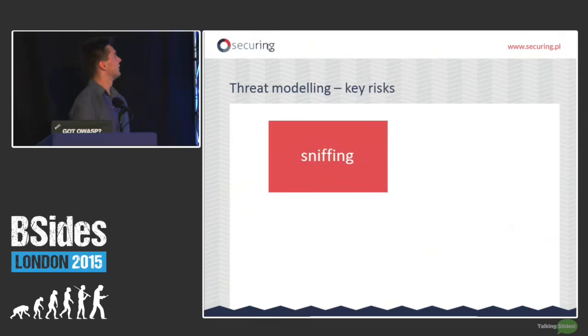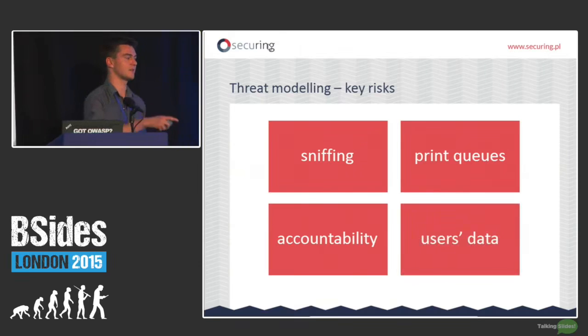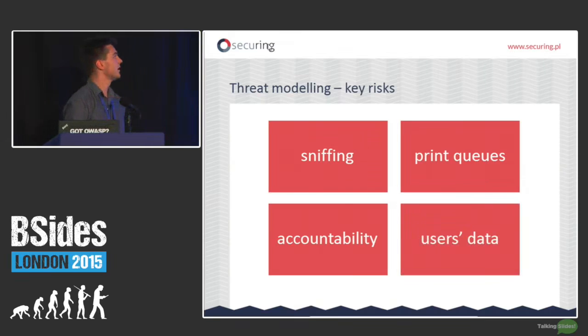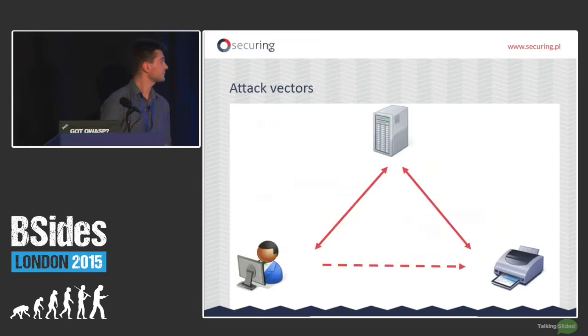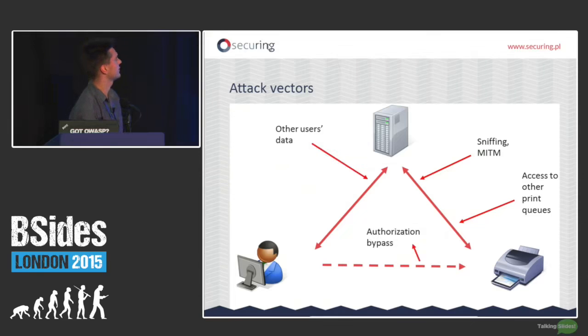So the biggest risks for a pull printing solution are sniffing the traffic from the server to the printer, also from the user computer to the server, getting to the other print queues, tampering with the accountability, because in some companies you have the right to print, let's say, 100 pages a day and not more, and also stealing users' data and users' credentials. So sniffing is done here, access to the other print queues. Here you've got the vector attacks.